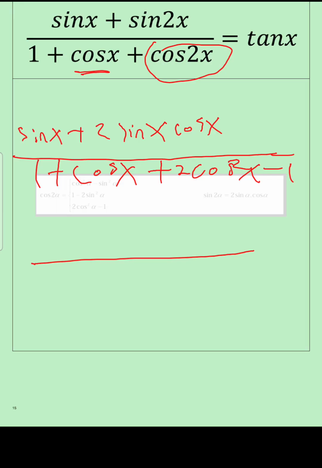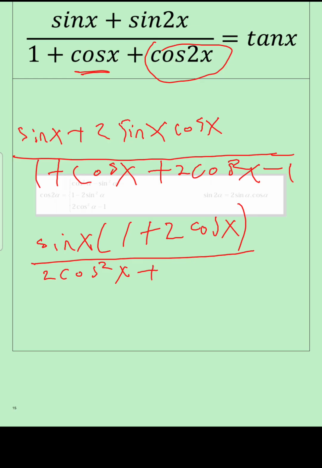In the numerator, I'm going to take out the common factor, which is sin x. Sin x times 1 plus 2 cos x. In the denominator, this is quadratic, the same as cos squared x plus cos x.